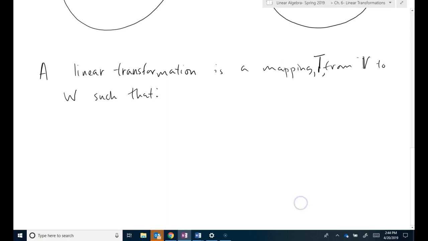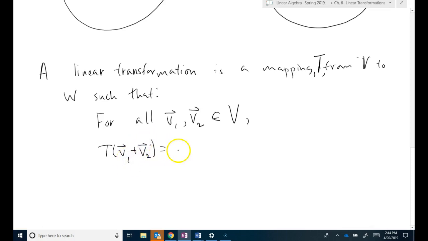One, for all V1 and V2 belonging to V, T of V1 plus V2 will equal T of V1 plus T of V2.